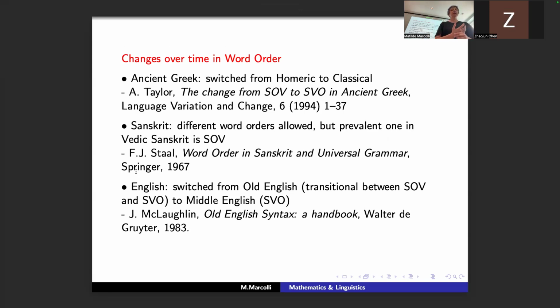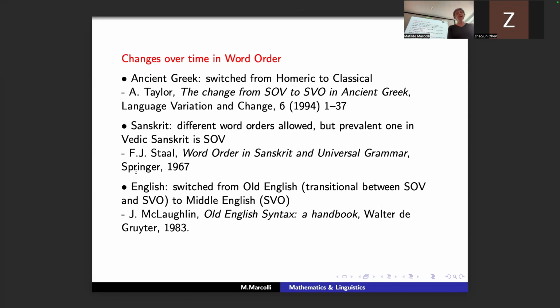There are several examples of transitions from, for example, SOV to SVO, like both ancient Greek and Old English transitioned. Sanskrit is more interesting because it transitioned at least twice, presumably because of interaction with the Dravidian languages that belong to a completely different language family and that have parameters set differently.